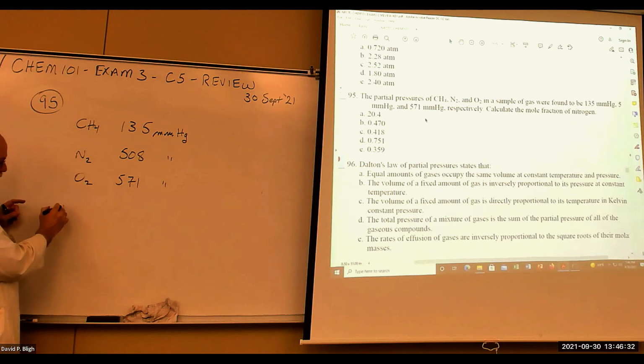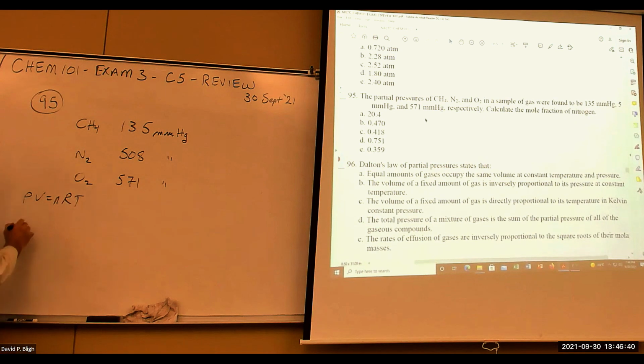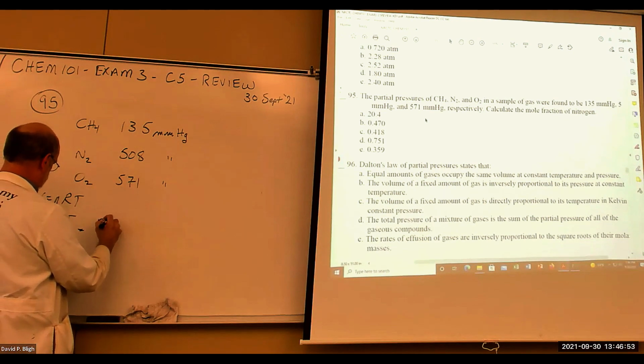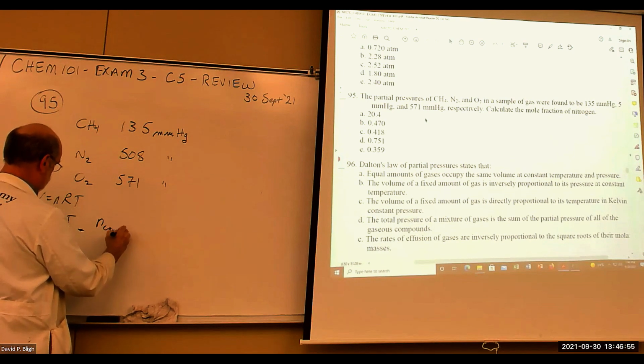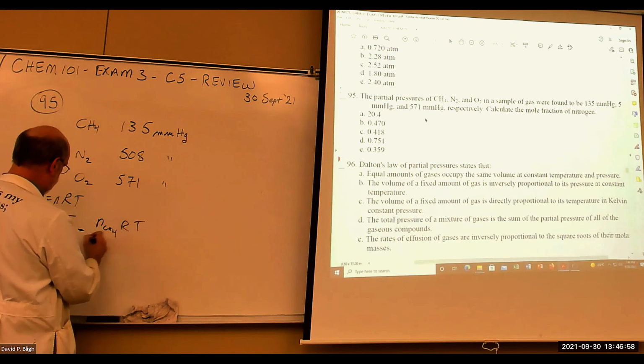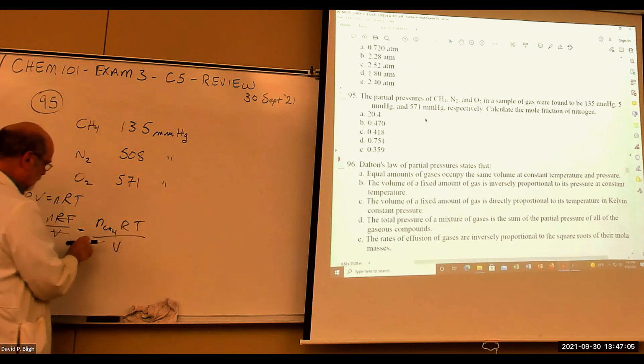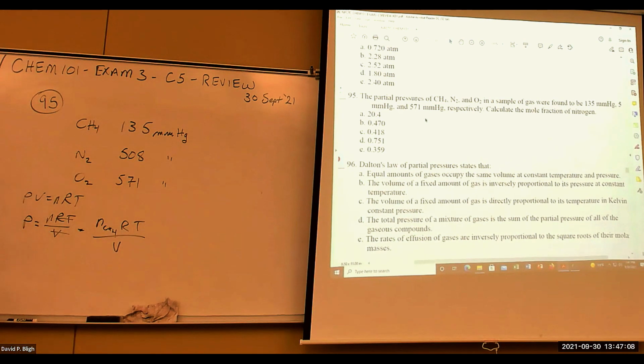Where we said the total pressure is equal to, let's see, if PV equals nRT, then pressure equals nRT over V. Remember that series? If this is total, then it's composed of these 3 gases, right? Same temperature, same volume, so all of these cancel out, and now the pressure is proportional to the number of moles of each one.